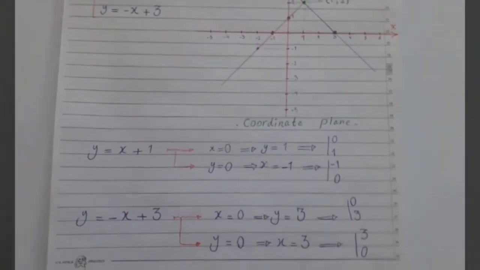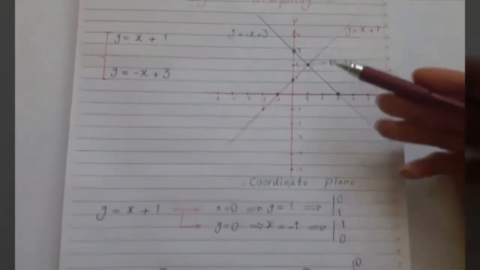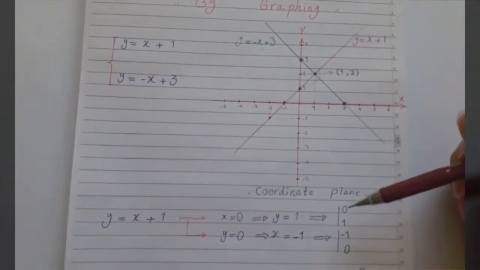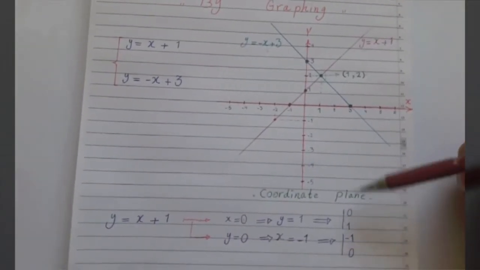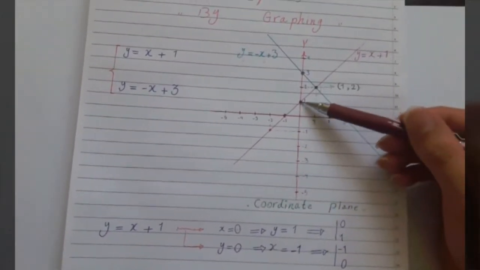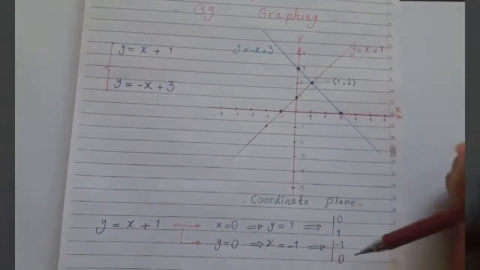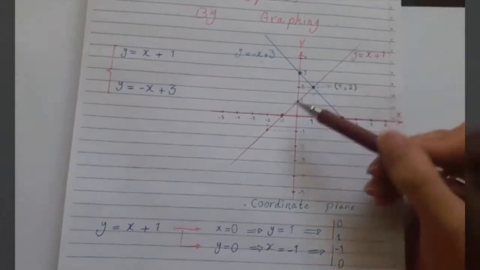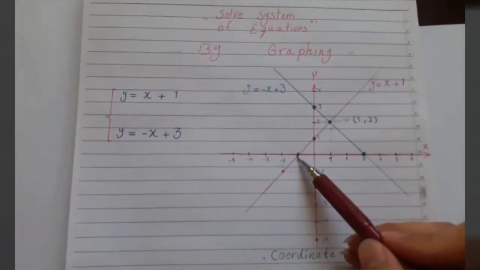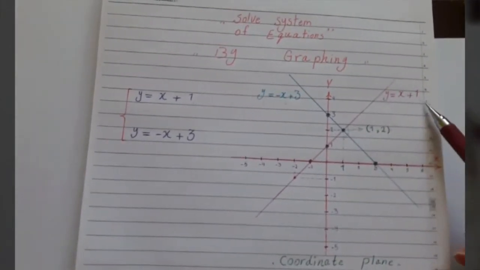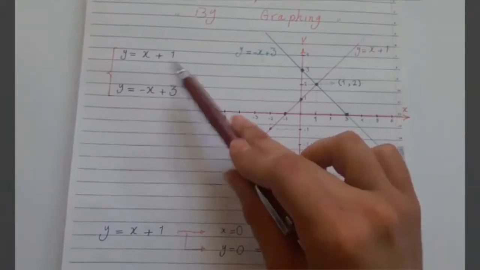Okay, now we try to find these points in our coordinate plane, okay? About the first equation, we have 0, 1, and when x is 0, y has to be 1, and when x is negative 1, y has to be 0, which is this point, and the line that will cross these points is the related graph of this equation, okay?